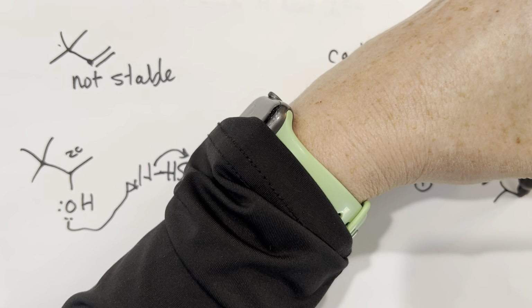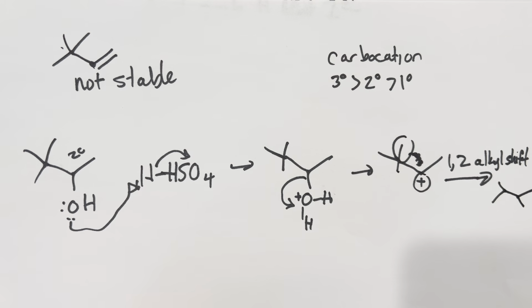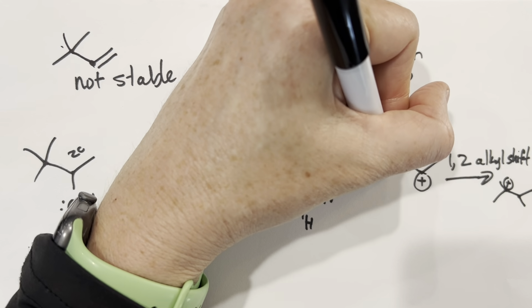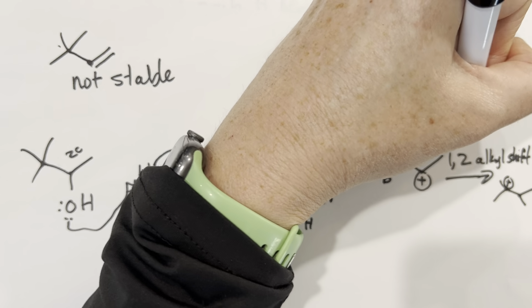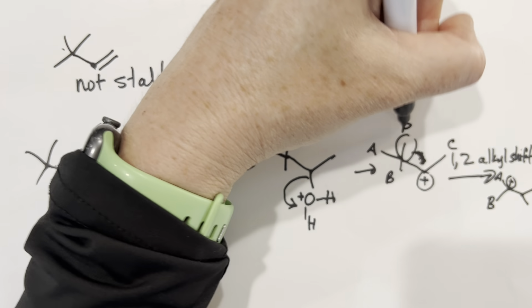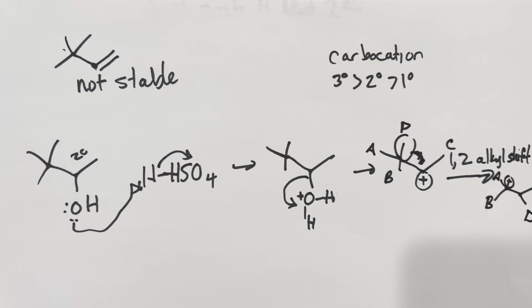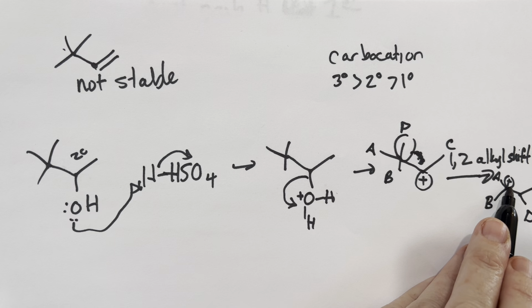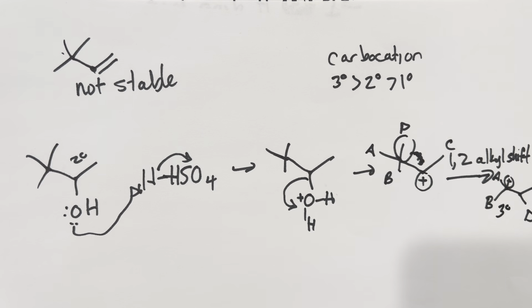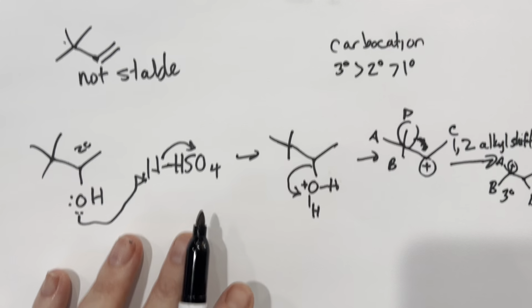Now it's got a new methyl group, and your positive charge is there. So just to give you an idea of where everything is, that's A, B, C. If this was D, D's now there. Cool. And now it's got a positive charge in the tertiary. Now it's stable. Now it makes sense for the reaction to occur.